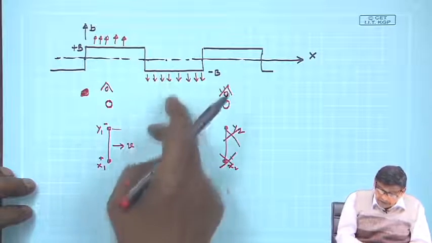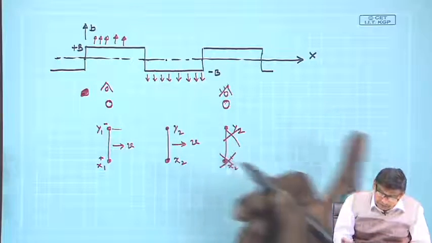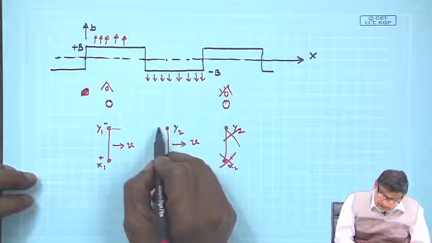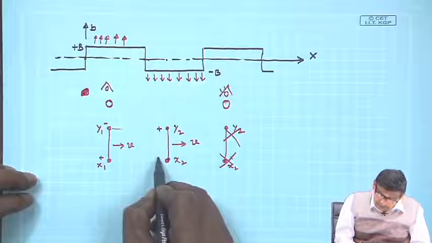Therefore, the polarity of the induced voltage will simply reverse. BLV is the voltage, so this will become plus and this will become minus.